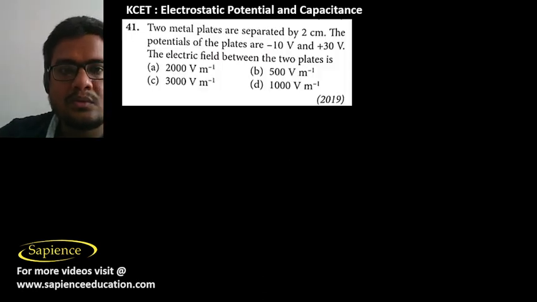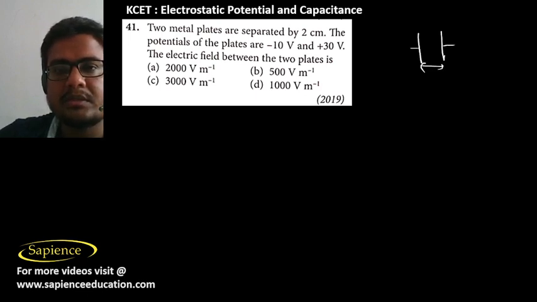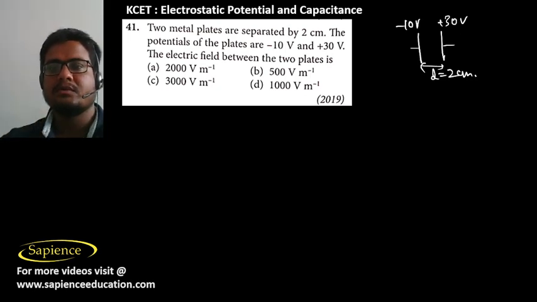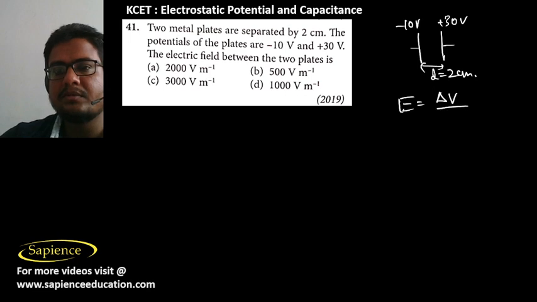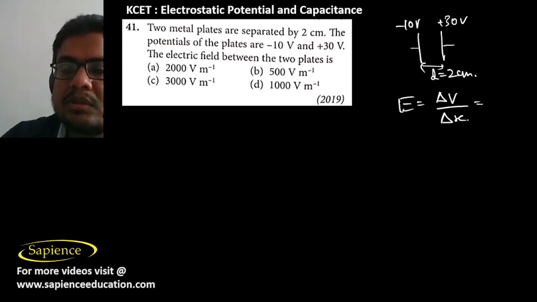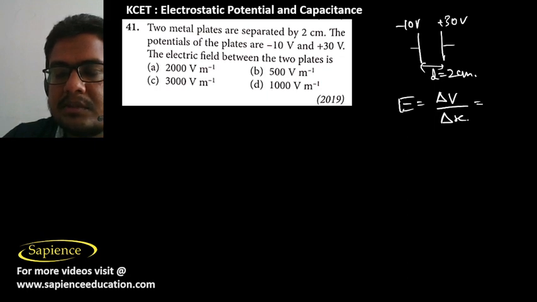Then here it is told two metal plates are separated by a distance of 2 centimeter. The potentials of the plates are minus 10 volt and plus 30 volt. The electric field between the plates: we know that electric field is delta V by delta x, the potential difference by the distance of separation between the plates.